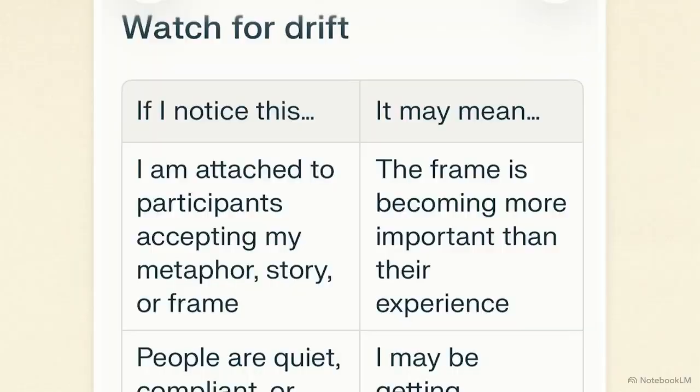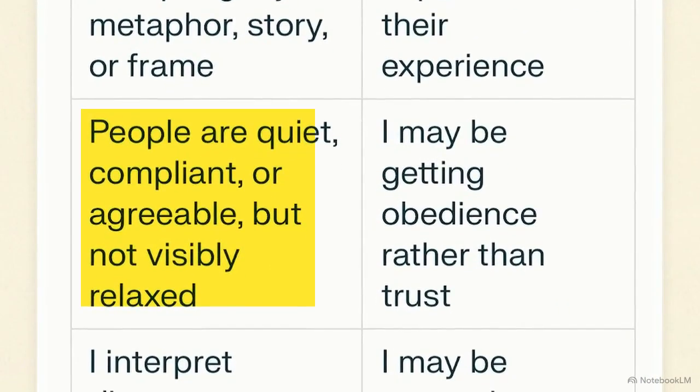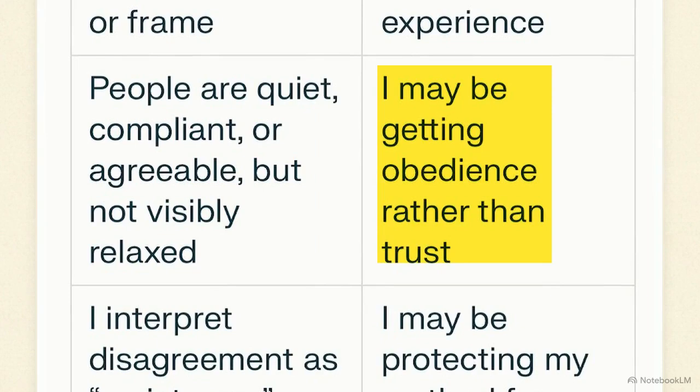This diagnostic matrix outlines drift warnings for facilitators. Notice the primary flags: becoming attached to your metaphor or mistaking a quiet room for a healthy one. Silence is not regulation. A compliant room often masks deep dysregulation, indicating the group prioritizes obedience over authentic trust.